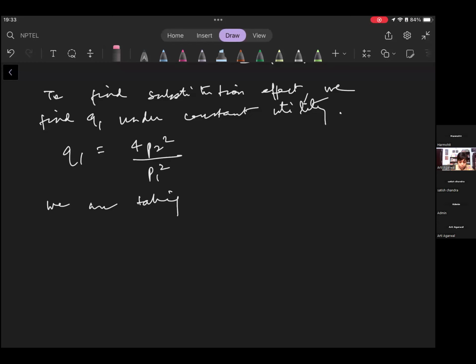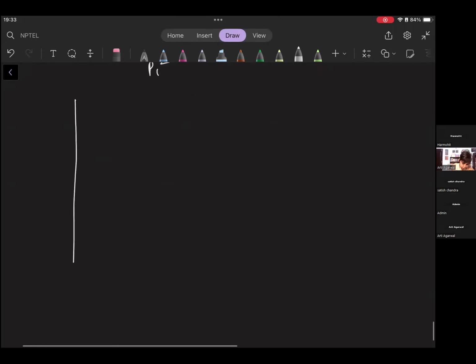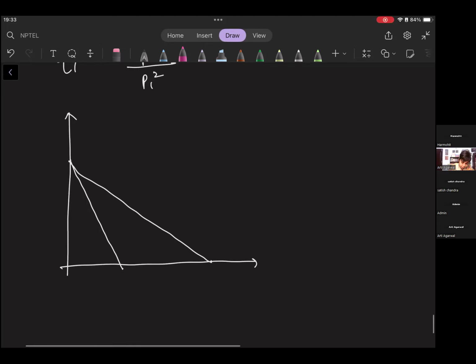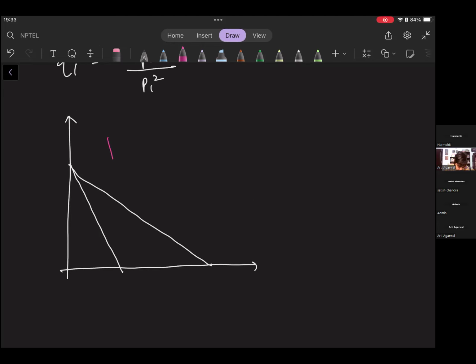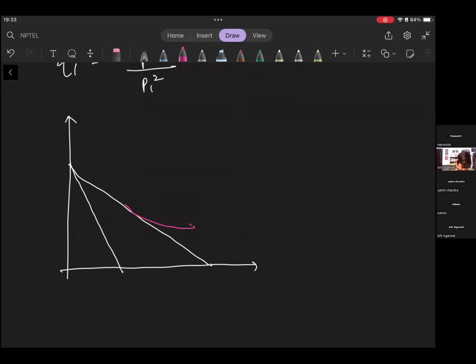When you're calculating substitution effect, draw the diagram. This is a rough diagram. Please remember that it's not a very accurate drawing. But suppose this was your initial value. Now this is your final value. Suppose this is your indifference curve.